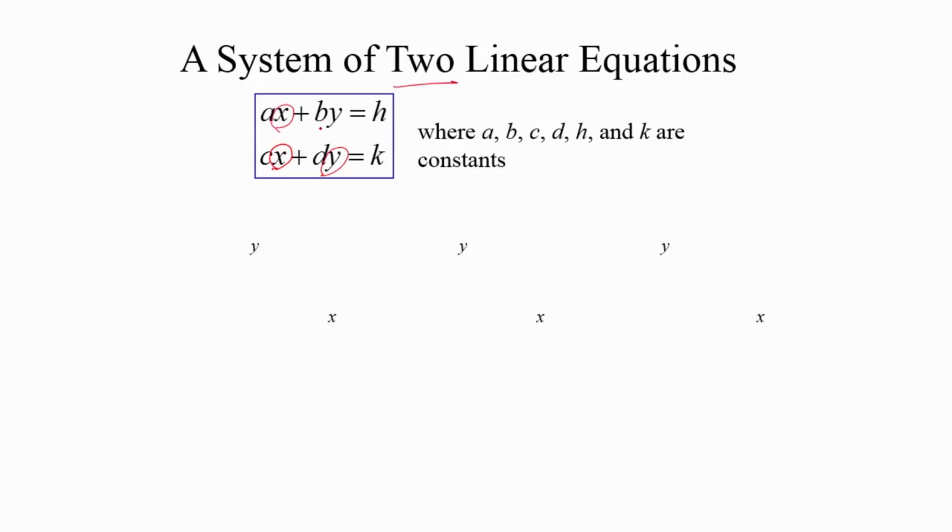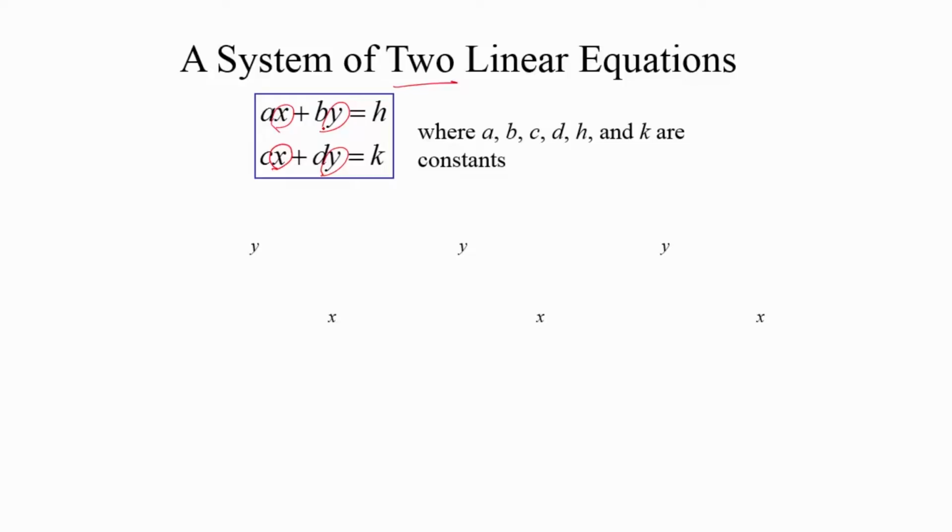So what we're going to do is come up with the solution that satisfies both of these equations. We come up with a value for x, a value for y, that when you plug it into both of these equations, the left-hand side will be equal to the right-hand side.